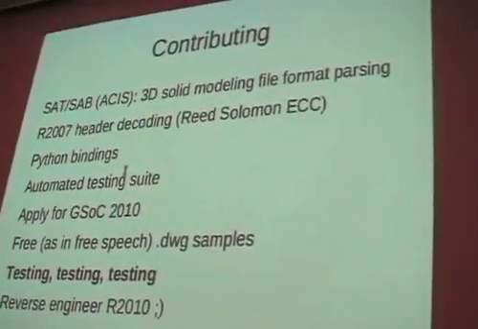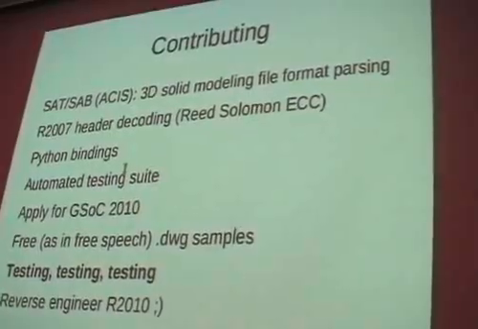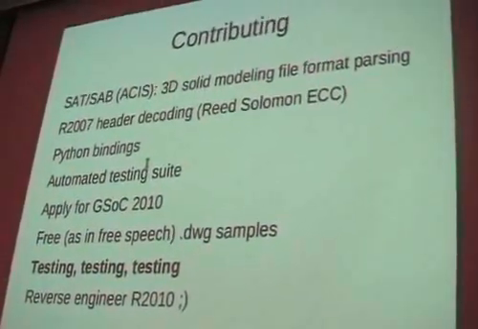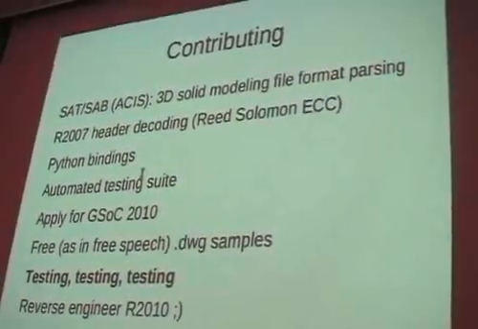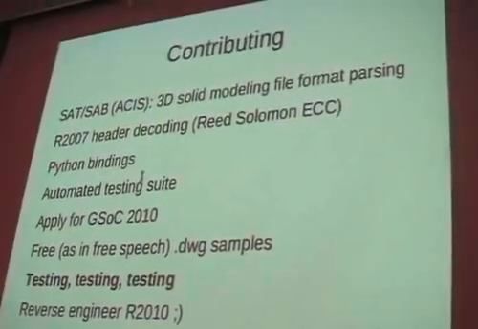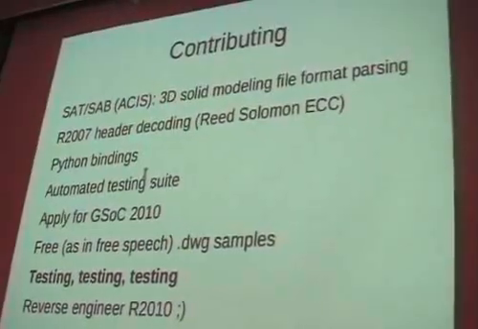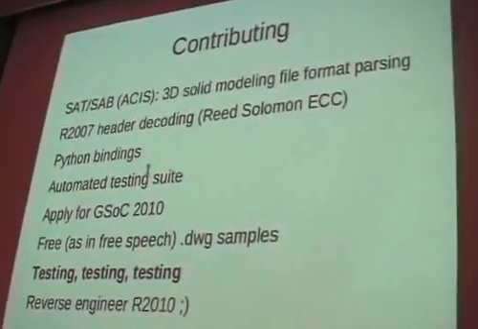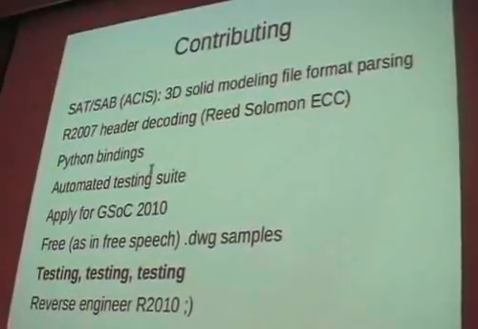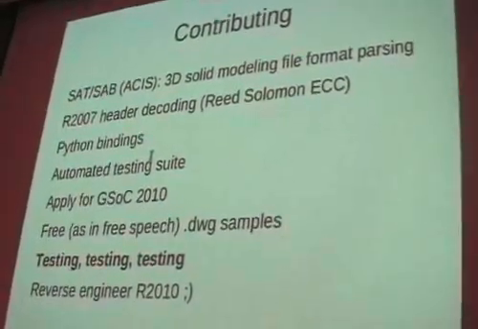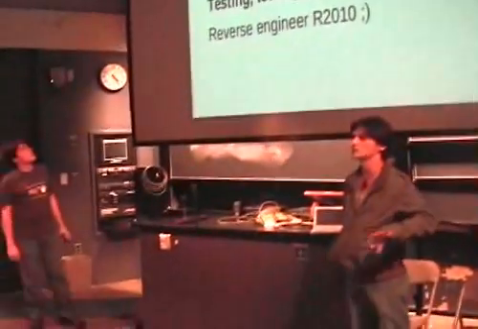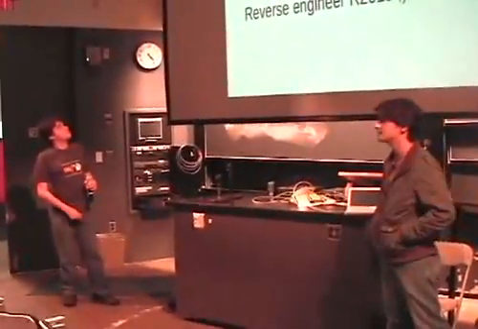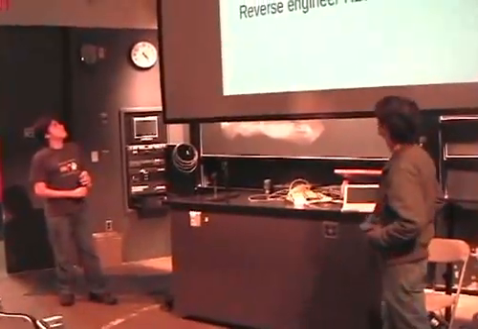SAB means save as binary. I just found out yesterday that this format used to be publicly documented, but then people started to make implementations of that format that were competing with the company that supplied the 3D modeling kernel that supported it, and so they are not publishing it. This is not public anymore. So I think we'll have to reverse engineer that one too if we want 3D support.